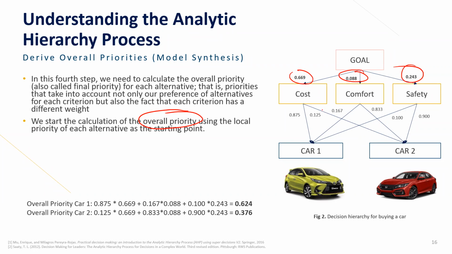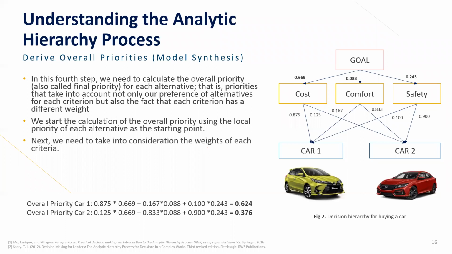This one is priority for each alternative. The last step is called overall priority, or model synthesis. We combine all those judgments, and we will get the alternative that is actually being preferred based on that judgment.